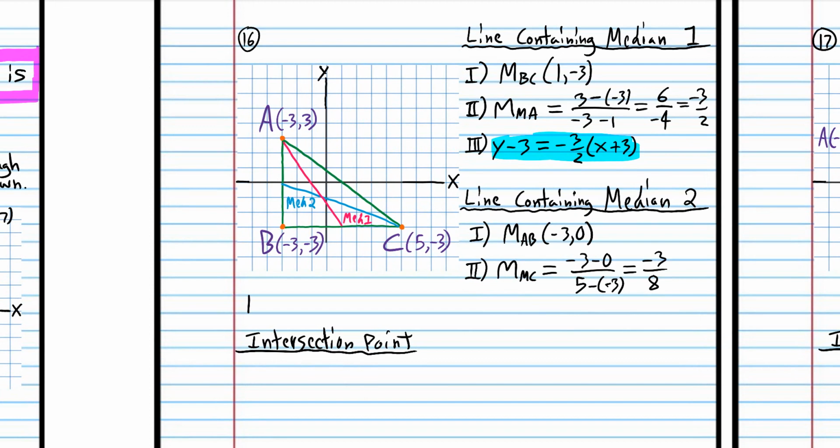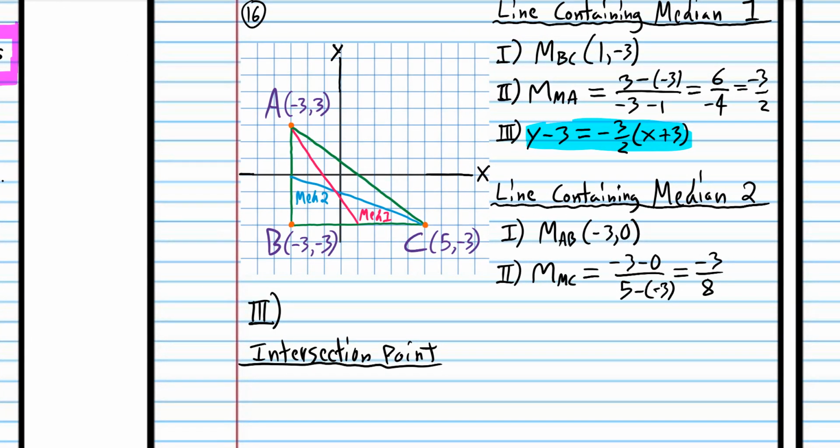So now we can find the equation of the line containing the midpoint and point C. So I'm going to use point C. We have y plus 3 is equal to the slope we just found times x minus 5, again using point C.